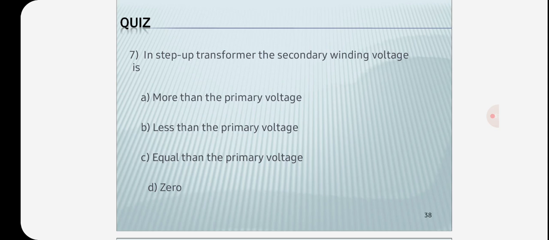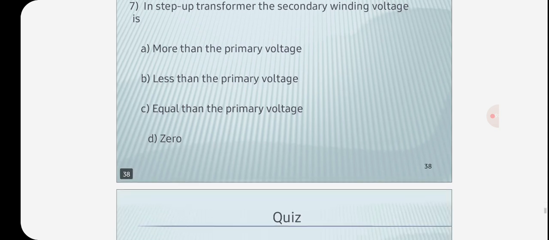Next, in a step up transformer, the secondary winding voltage is stepped up. Step up means the voltage will be increasing, so more than the primary voltage. The answer is A. In a step down transformer, it is less than the primary voltage.